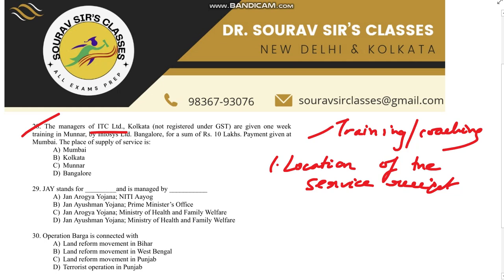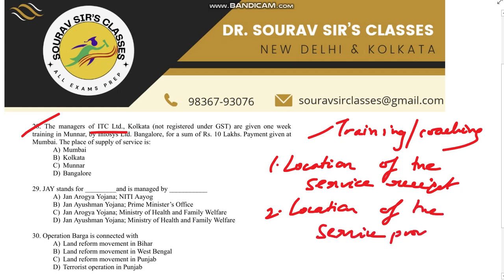That is the place where ITC Limited is located. Next it is the location of the service provider. Where the service recipient is an individual or a non-business entity, the place of supply may be determined by the location of the provider.